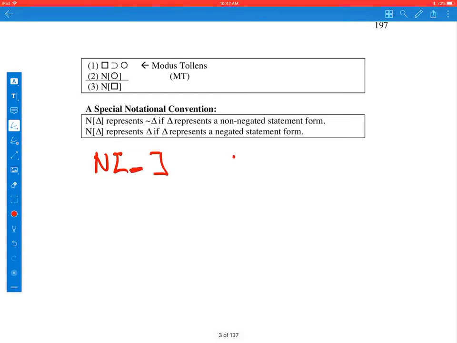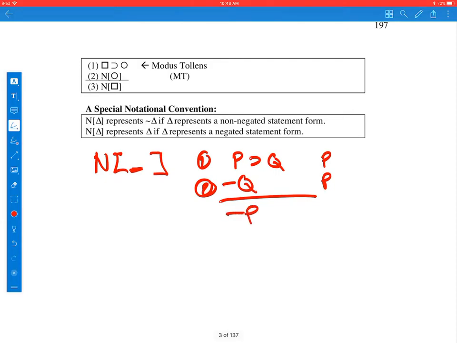So suppose that we have P then Q, and we have not Q, then, if these are our premises, we may deduce not P from 1 and 2 by modus tollens.